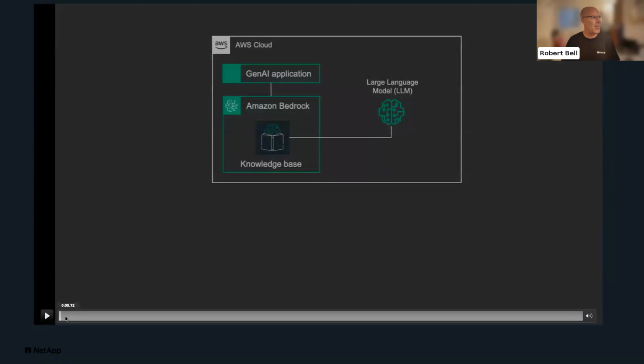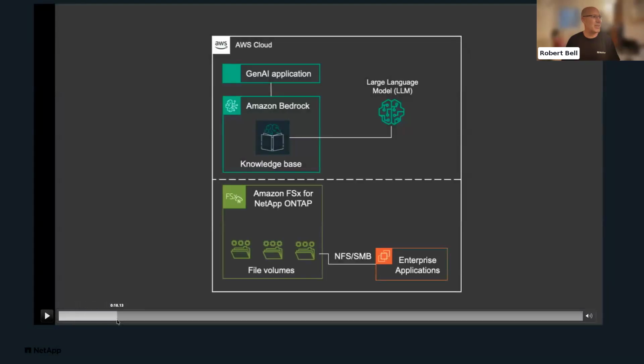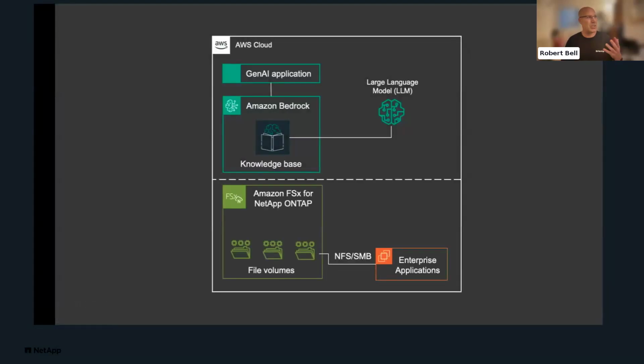Yeah, so what we'd like to do before we finish is show you a quick demo. The example we're taking here is a Gen AI application based on Amazon Bedrock, which connects the application to whatever foundation model you want. But this needs a knowledge base.